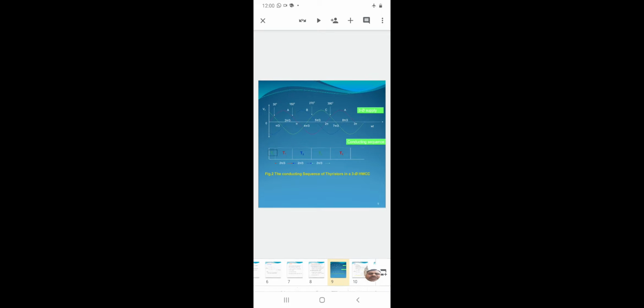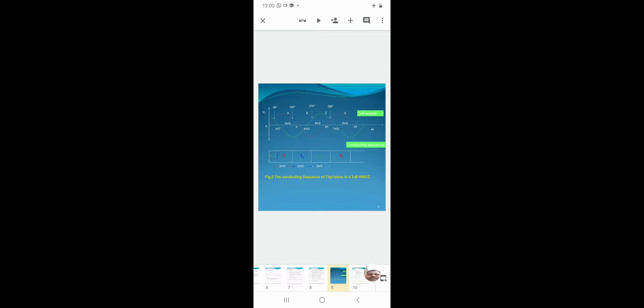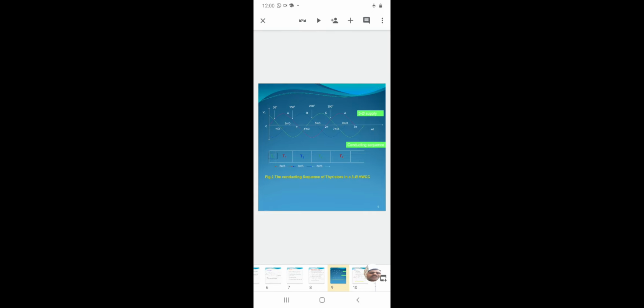Suppose a firing angle alpha is given. If firing angle alpha is greater than 30, say 60 degrees applied, then the thyristor starts conducting after a delay angle of alpha. So the thyristor sequence is: T1 conducts from 30 to 150 degrees.